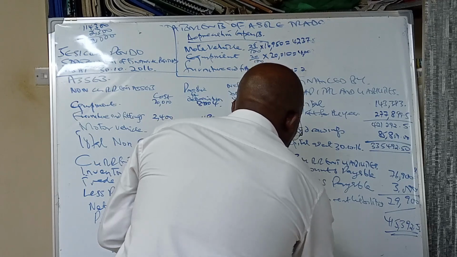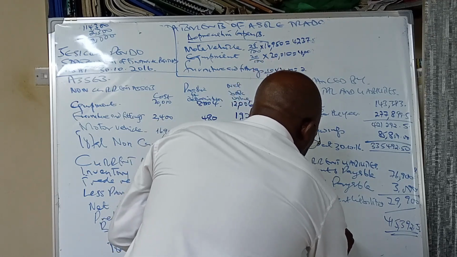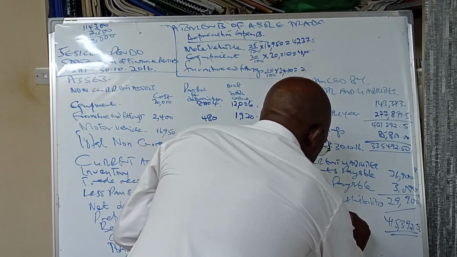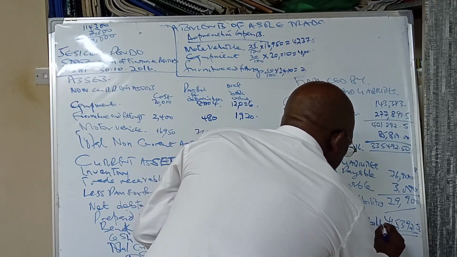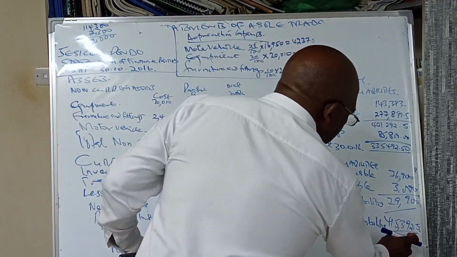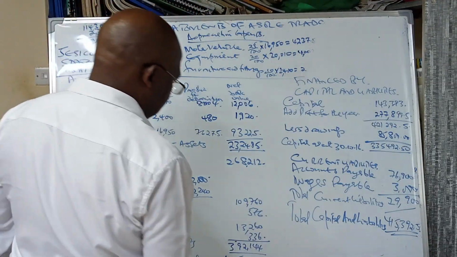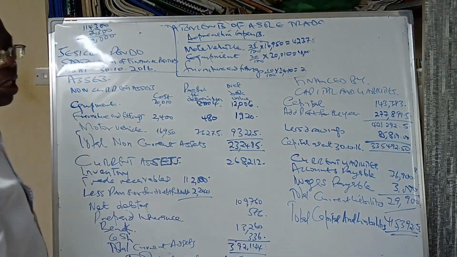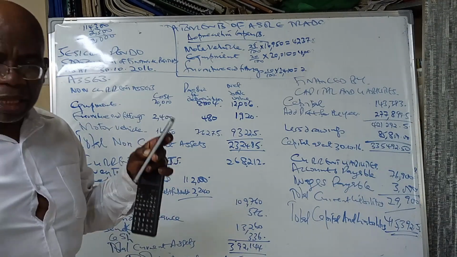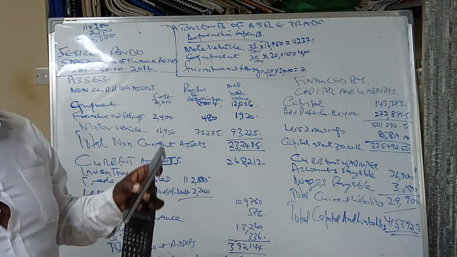We say total capital and liabilities. Now you realize that 415,392 capital and liabilities is the same as 415,392 current assets and non-current assets.